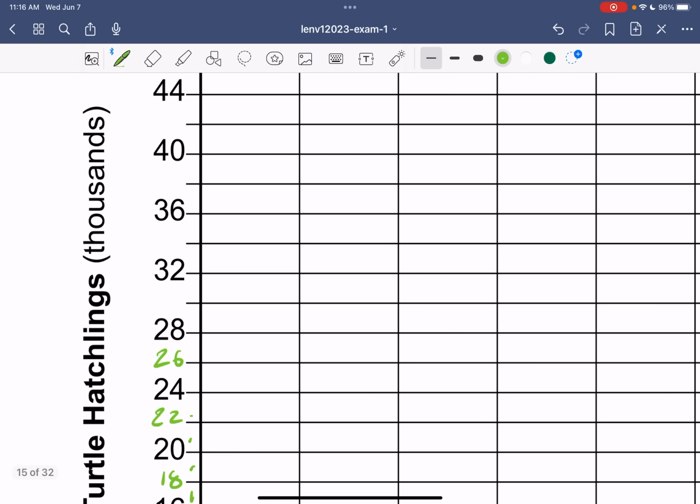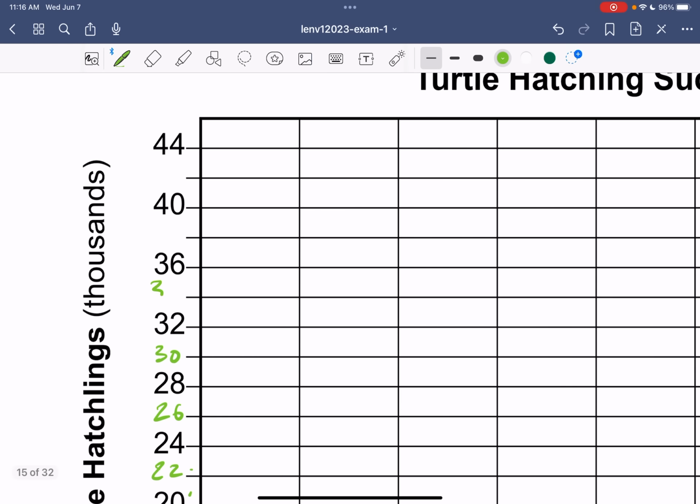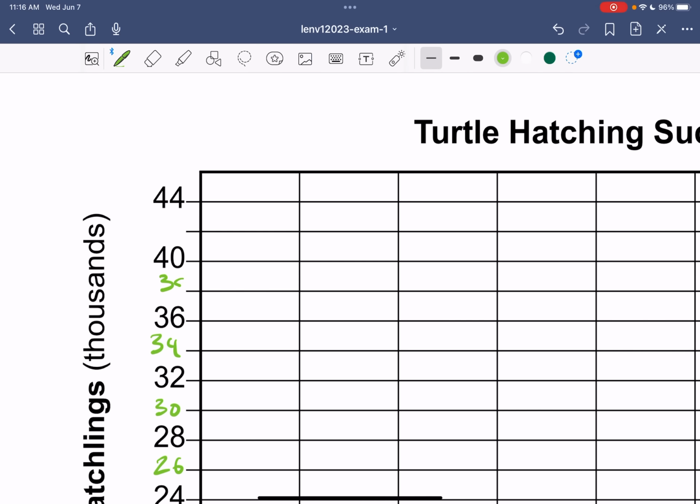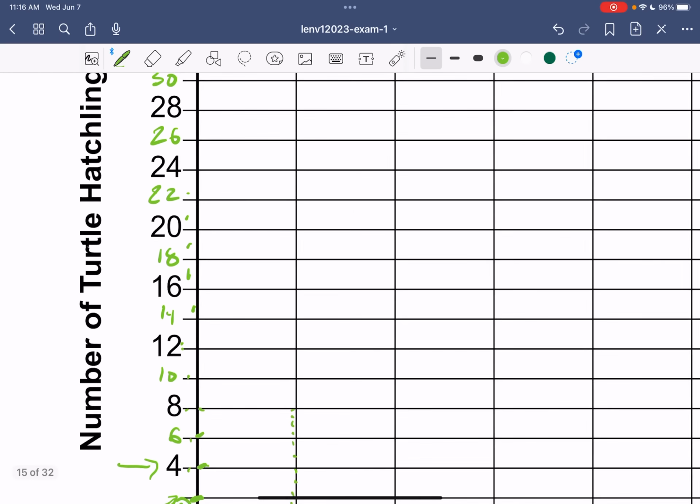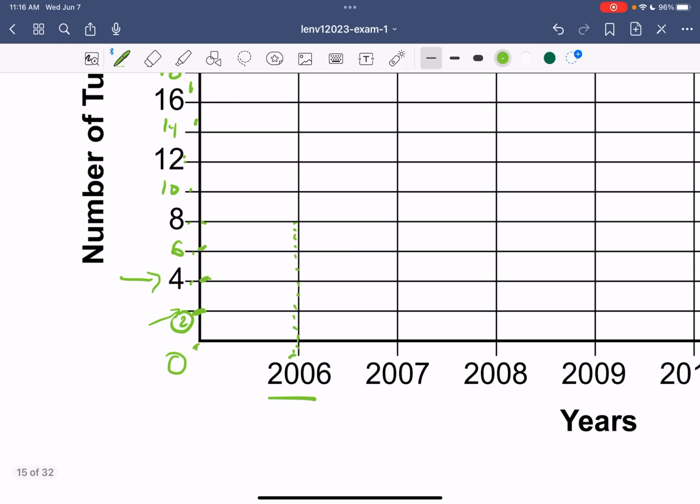Okay, I'm going to go ahead and finish that. Just in case. Okay, so I went ahead and finished it just because I wanted to make sure that my plot is perfect. Okay, now I don't want you to make these lines that I'm making. This is just for me. I do want you to use a ruler.